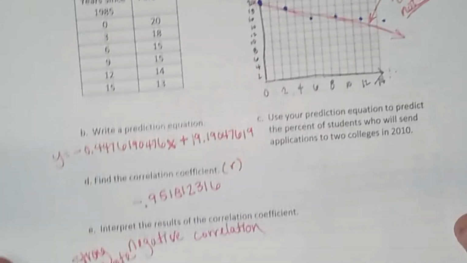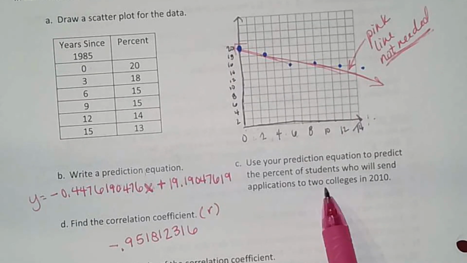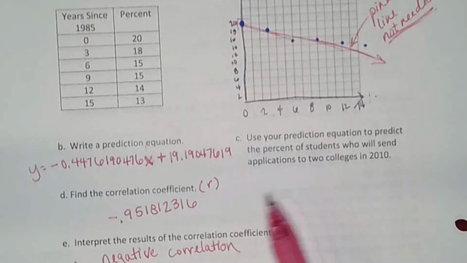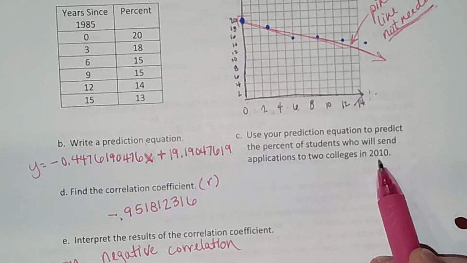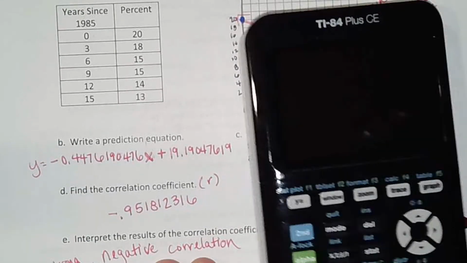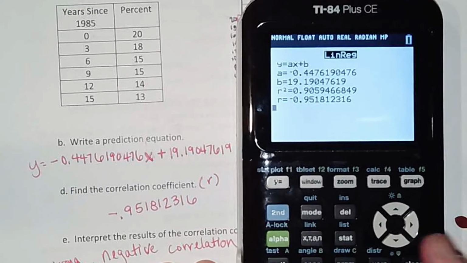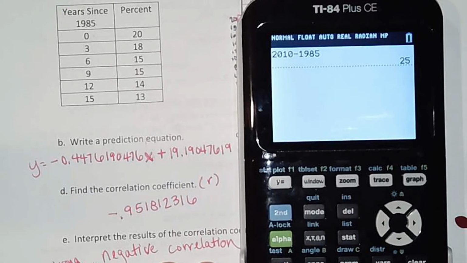Last but not least, you need to use your prediction equation to predict the percent of students who will send applications to 2 colleges in 2010. So literally what you're going to do is figure out how many years since 1985 is 2010. On your calculator, you're going to take 2010 minus 1985 and get 25.